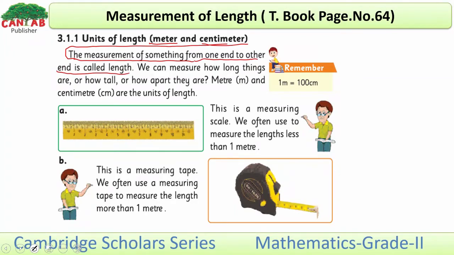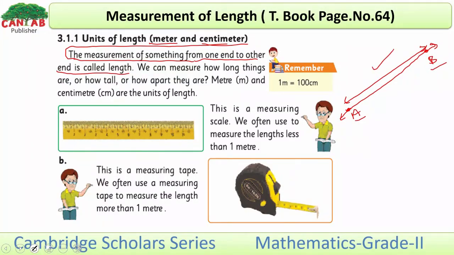Look here, this is a line. When you measure this line from point A to B, this is called length of this line from point A to B. Similarly, you can measure other objects from one end to another end.